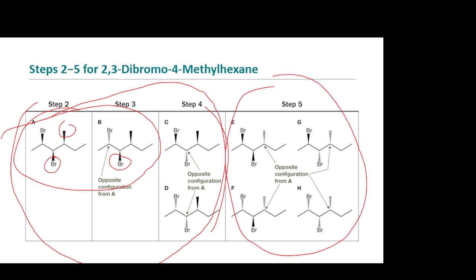Notice that every single time after step 3, you end up doubling. We then have to go through and double check and make sure we eliminate anything that's a mirror image and superimposable, that, you know, it's the same thing.